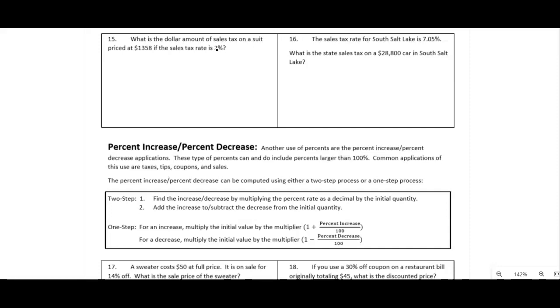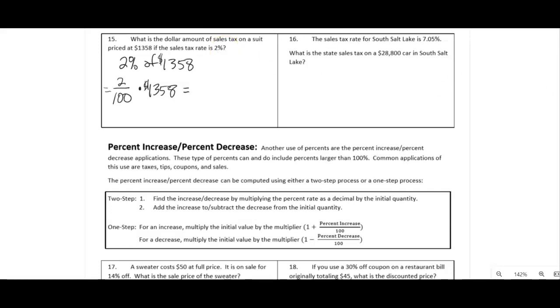We could solve these in a couple of different ways, but if you're just trying to find 2% of $1,358, we can convert from 2% into 2 divided by 100. That's what percent means, divide by 100. Of is just times. The dollar sign unit is still there.